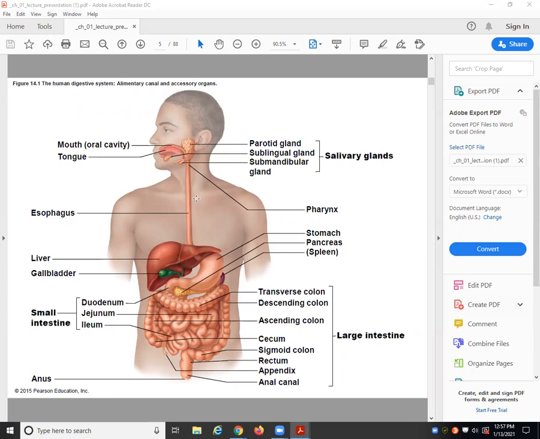So these are structures you would not need a microscope to see, okay? If you were to have a cadaver, which we have a synthetic cadaver, which you'll get the chance to see in lab, you'd be able to see a lot of these structures, okay? So you can see the mouth and the tongue, pharynx, liver, gallbladder, stomach, pancreas, small intestine, large intestine, right? So those are all part of gross anatomy.